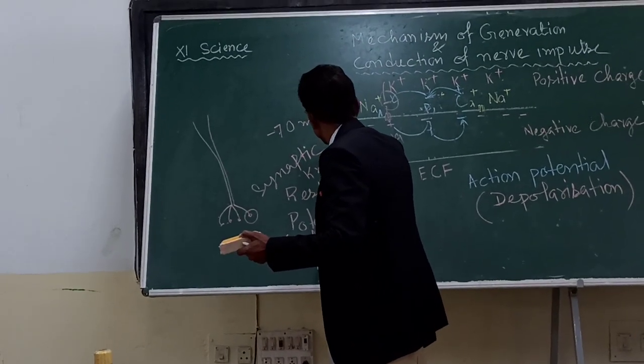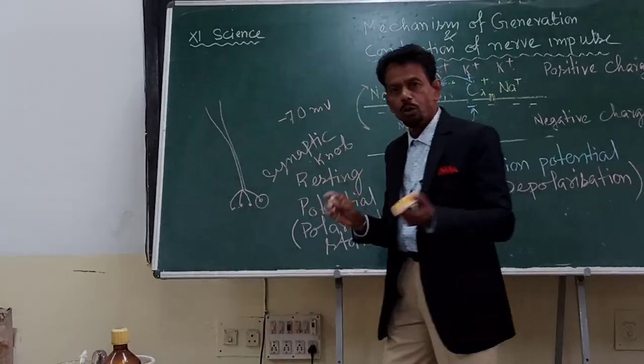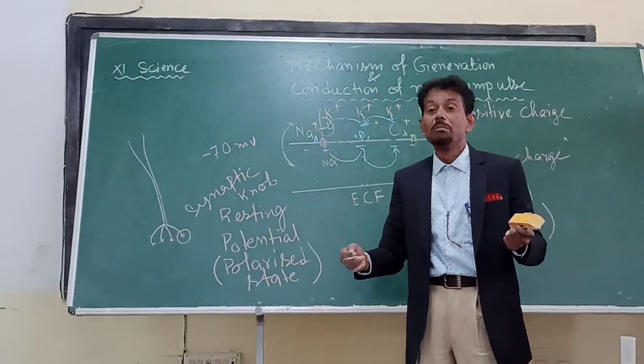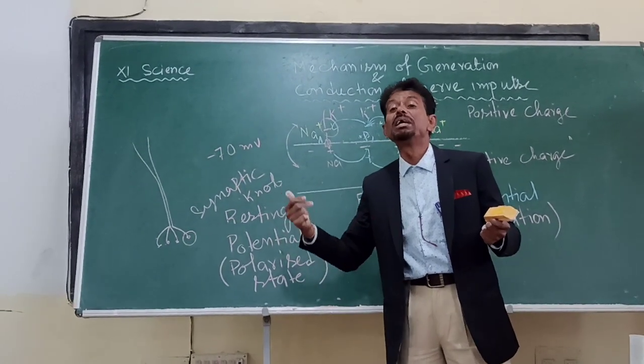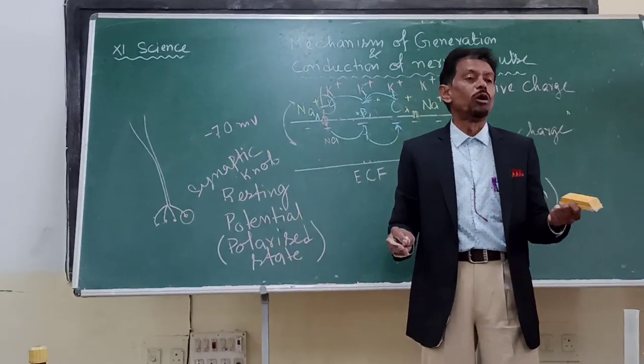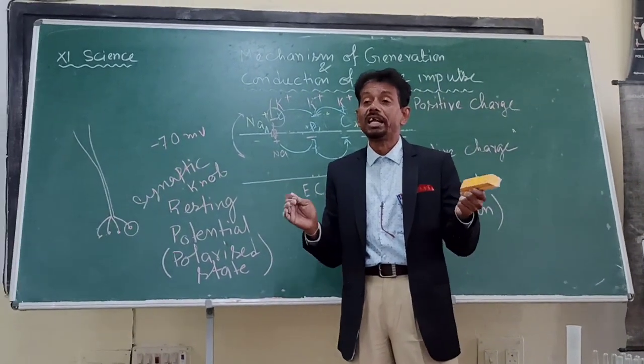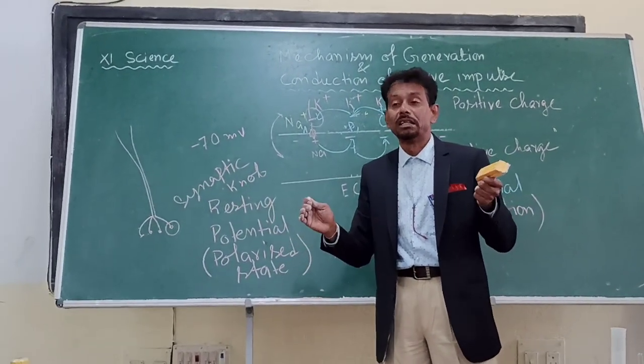This transmission of impulse can be electrical or chemical. Chemical transmission is a little slow, whereas electrical transmission is rather fast.